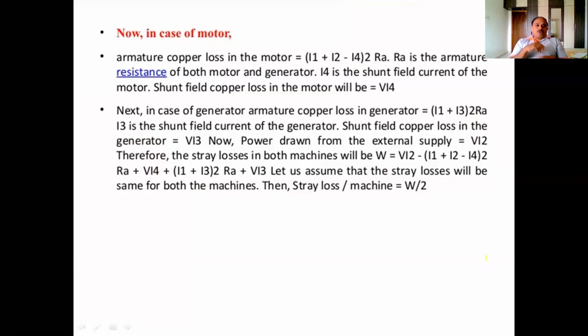Now in the case of the motor, for calculating the losses, consider the armature copper losses in the motor. You know that the general formula for copper losses is I squared R. The current taken by the motor is I1 plus I2.